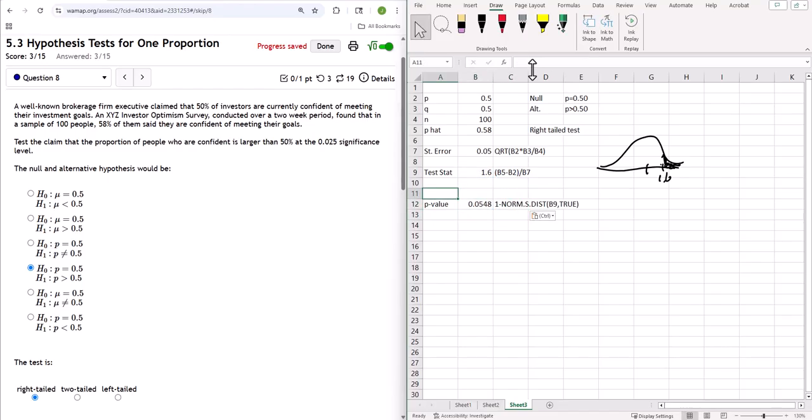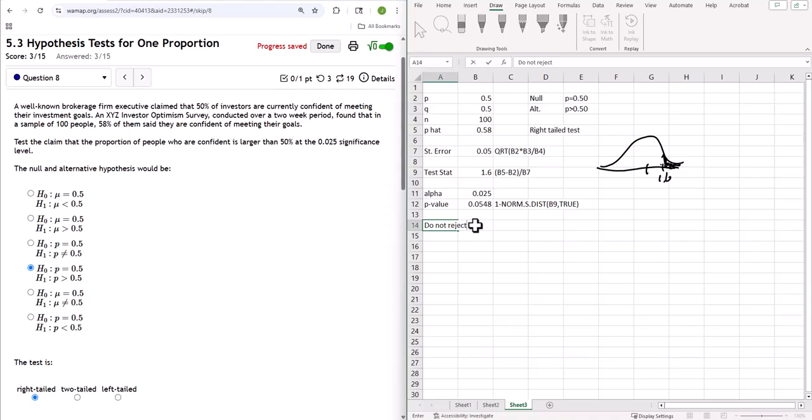So, I should have written this down earlier, but our alpha, we have here from the problem: test the claim that the proportion of people who are confident is larger than 50% at the 0.025 significance level. So here is our alpha. We found our p-value. Now we make a decision. If p is less than or equal to alpha, we reject the null hypothesis. In this case, we do not reject.